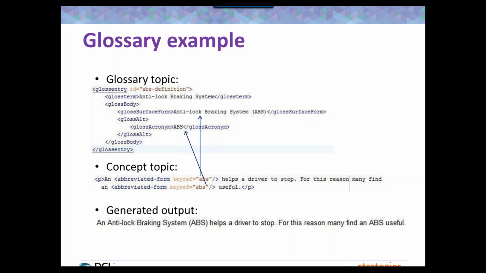These arrows are misleading in that it makes it look like a direct relationship, whereas that mapping actually occurs in the map, where it basically says ABS equals ABS definition in this map.